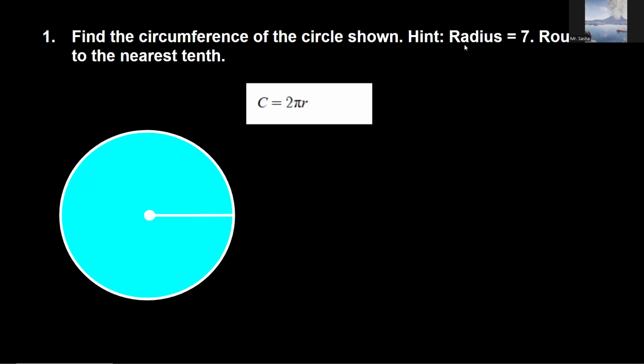The hint is radius is 7 and round to the nearest tenth. Look out for the formula. Here we have radius equals 7.